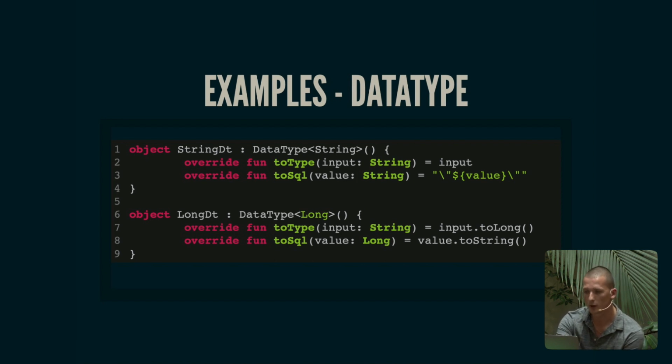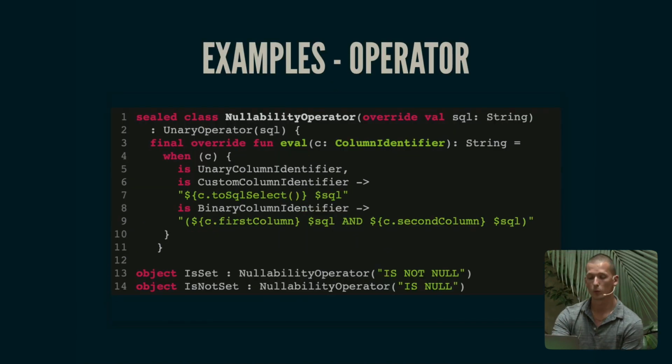I was talking about the operators, so I'll show you an operator as well, the nullability operator, which has two actual instances, the is set or is not set. As you can see, if we are curious about whether something is set, then in MySQL we say if it's not null. Here is an example why a sealed class is cool when you define these structures, because you can use this when statement and make sure that you covered all the different cases.